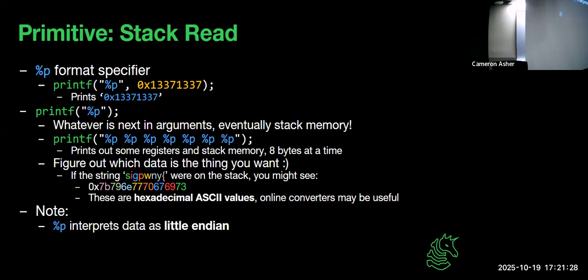This is little endian, so this first byte actually corresponds to the end here. So for these 4 bytes, it would go in reverse order. These are the hexadecimal representations of these ASCII characters, so 73 corresponds to lowercase s. And this is a reminder that x86-64 is little endian, so %p will interpret the data as little endian.